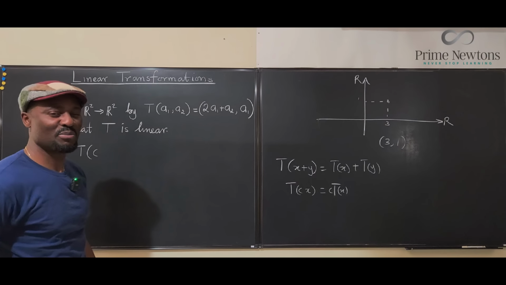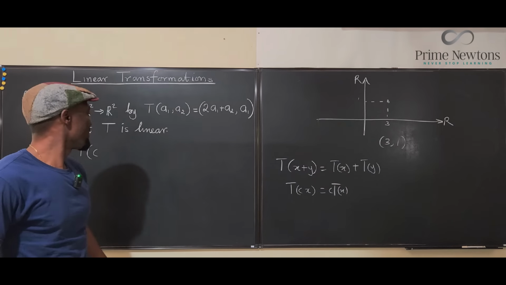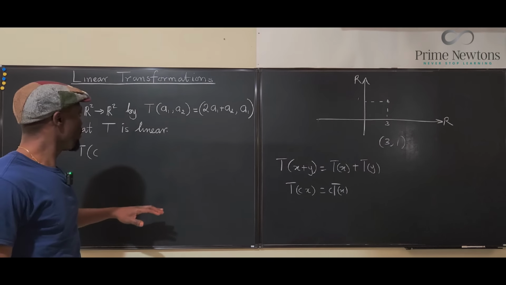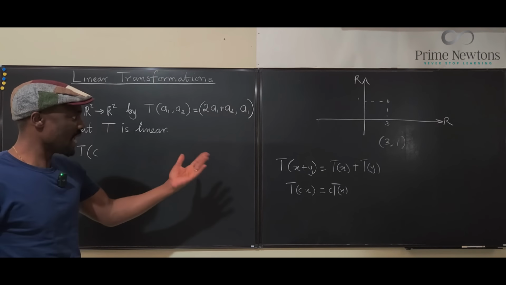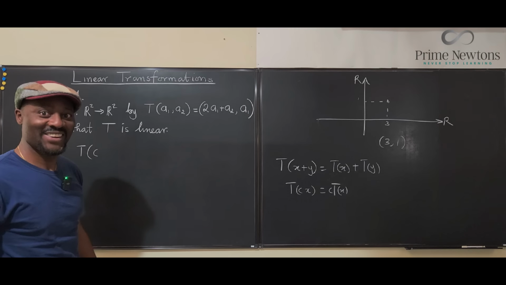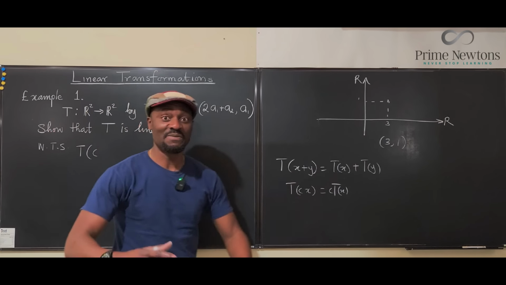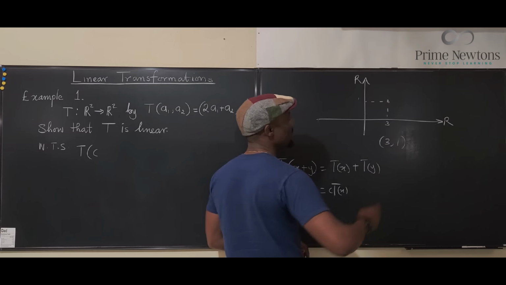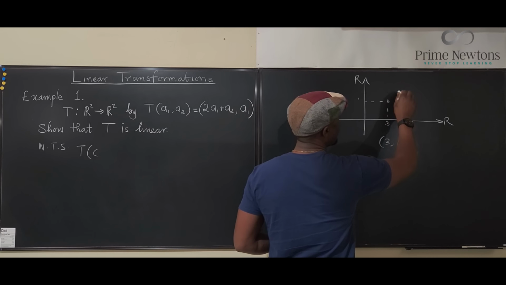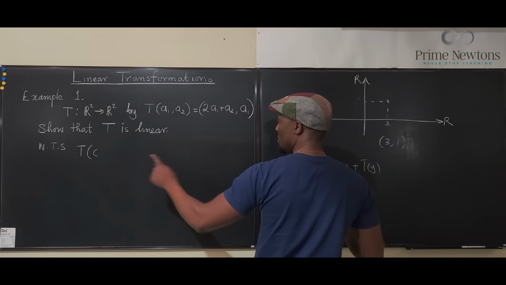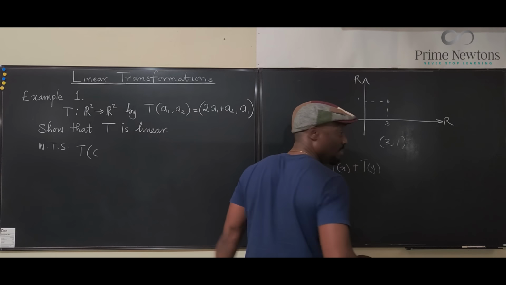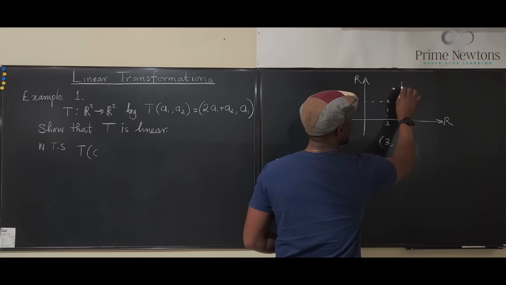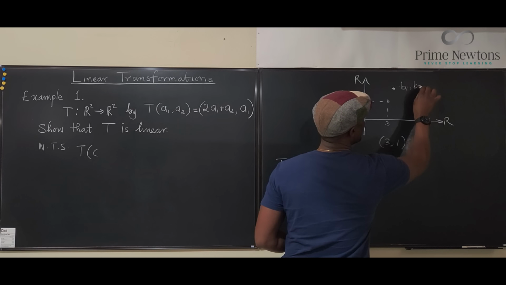We manufacture the point, so instead of using A, we might look for other letters to use. We could use X and Y. We don't care. Okay, so let's define two other points. Let's not use X and Y. Let's use B and D because we're going to use C and we already have A. The book actually uses B and D. So let's pick two points. Let's pick a point B1, comma B2.